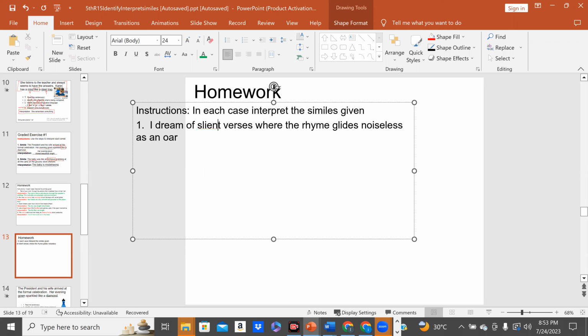I spelled silent wrong, I'm sorry. So I dream of silent verses where the rhyme collides noiseless as an oar. That's the first one.